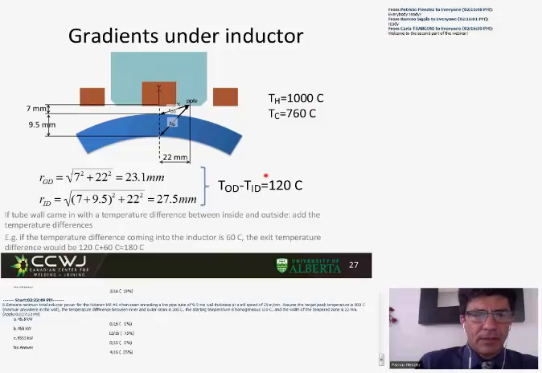Because this difference, we can say, splits evenly around the average that was given in this case as a fact. This is in line with what we discussed in the previous slide of minimum inductor power.